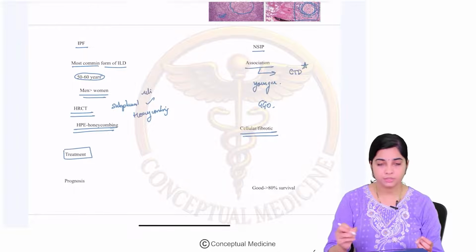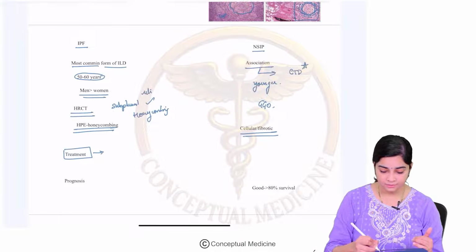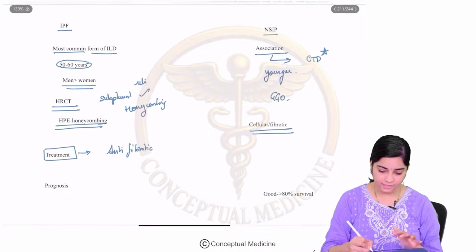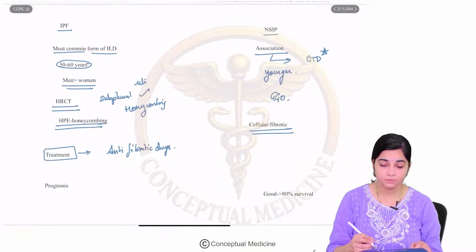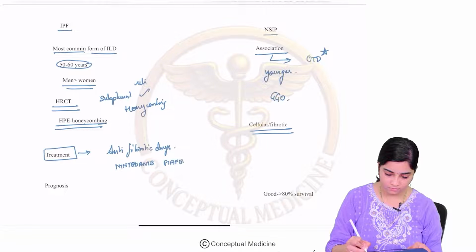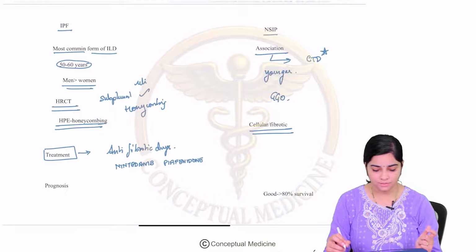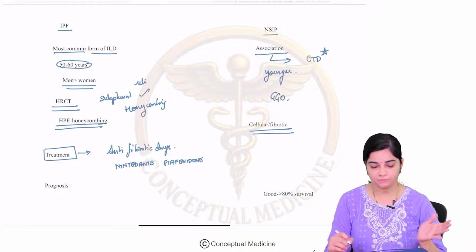So, very importantly, how is idiopathic pulmonary fibrosis treated? It is treated using antifibrotic drugs. So, what are the antifibrotic drugs? Antifibrotic drugs which can be used include Nintedanib and Pirfenidone. Okay, so Nintedanib and Pirfenidone are the antifibrotic drugs which can be used in the management of IPF.